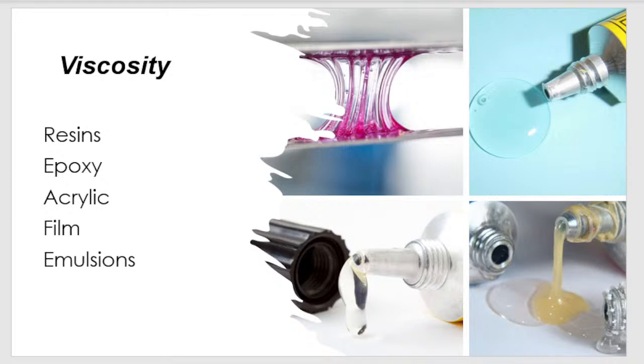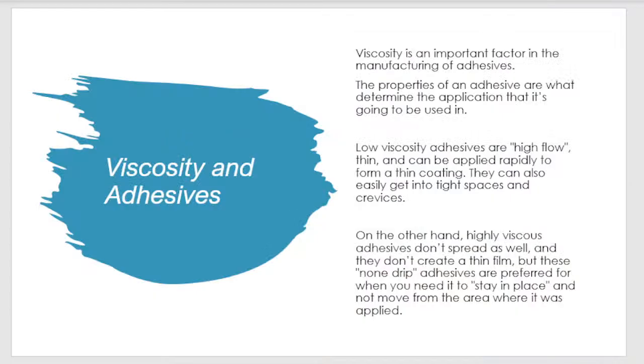All of these are made in different ways and have a different manufacturing process, and even the raw materials can be totally different. But one thing that is common between all these is that viscosity is a very important factor in the manufacturing of these.